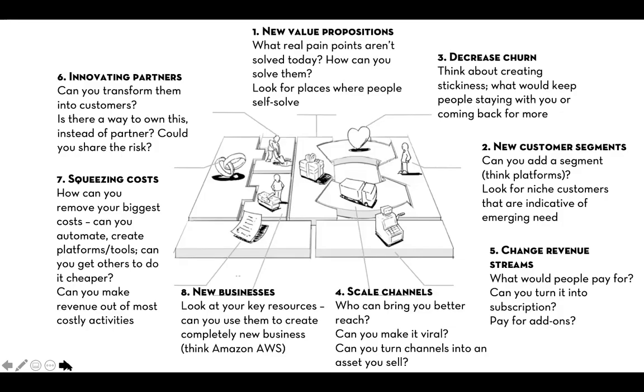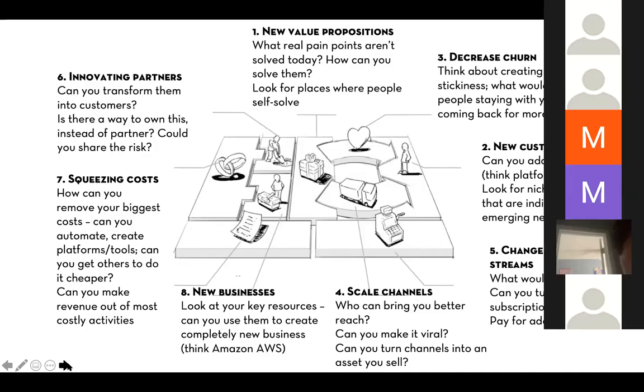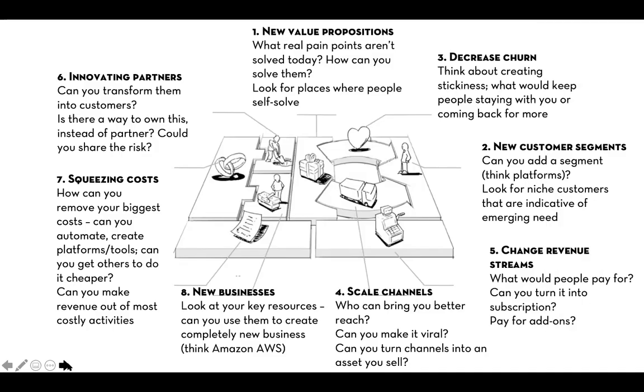One is to change the number of revenue streams, change what people pay for, so value-based versus cost-based pricing, subscription models, which give you a much more consistent and predictable revenue model, and then paying for add-ons, which is the freemium model, is what it's called basically, where additional features can bring you additional revenue. So you have a way to incentivize people to buy additional parts of your value proposition.